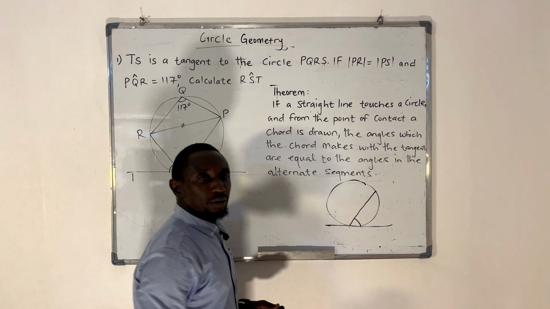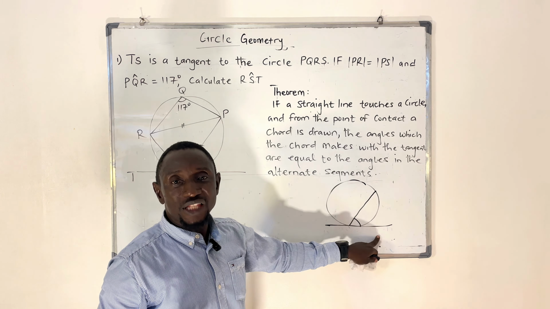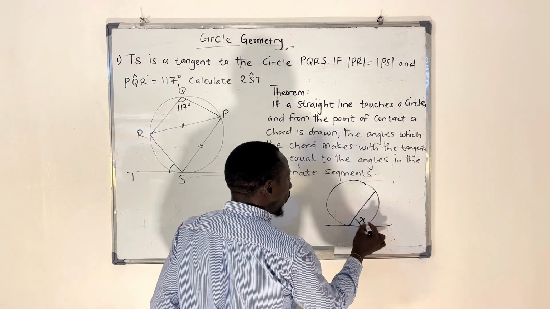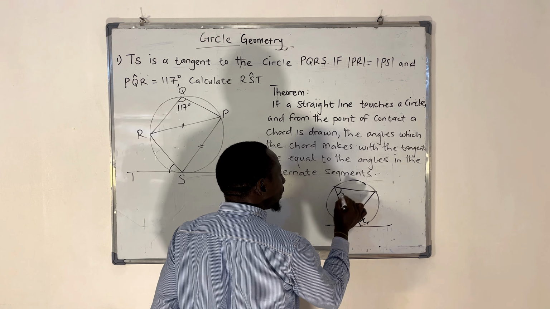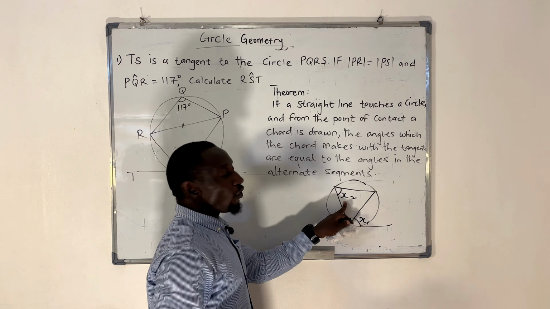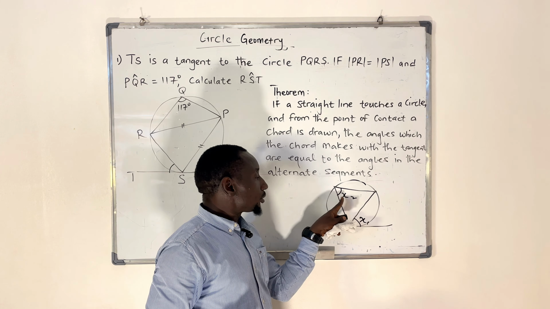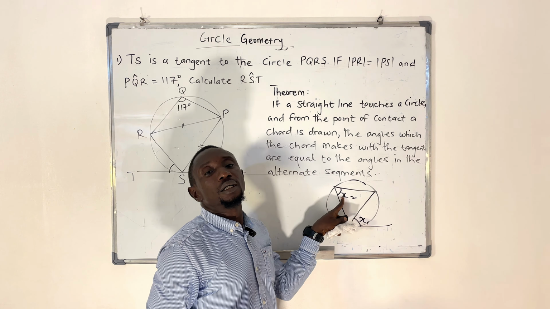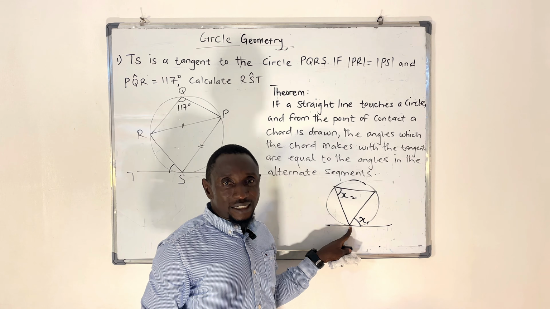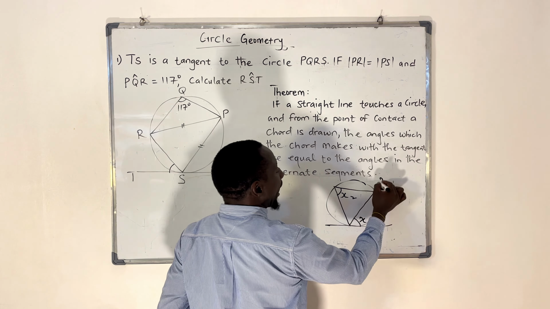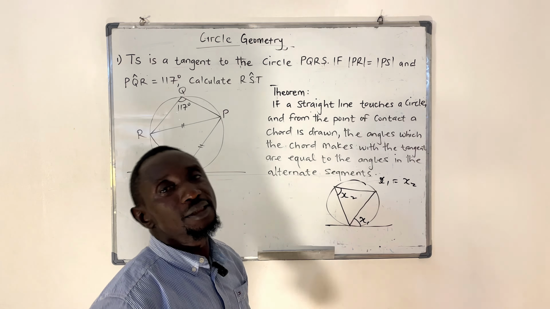Now, the angle that is formed between the chord and the tangent, x1, is also equal to another angle, let's say x2, that is formed in the alternate segment, as long as one of the chords that forms this second angle is also from the point of contact. Here, x1 is equal to x2. So that is what this theorem is all about.